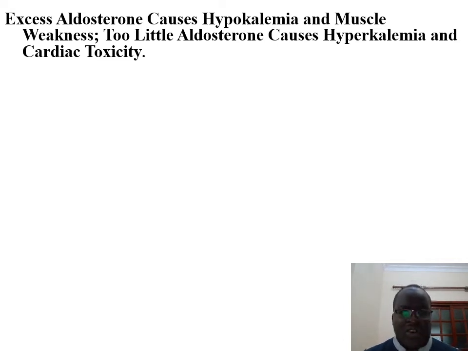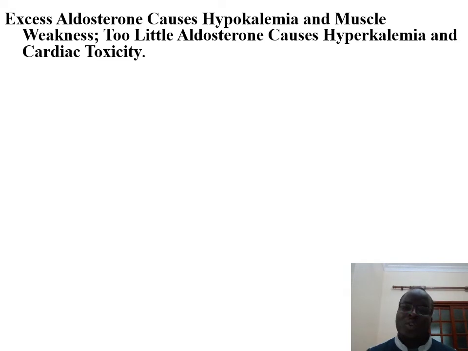Excess aldosterone causes hypokalemia and muscle weakness. Too little aldosterone causes hyperkalemia and cardiac toxicity. If you have an excessive amount of aldosterone, of course, we have already explained you're going to be exchanging potassium for sodium.